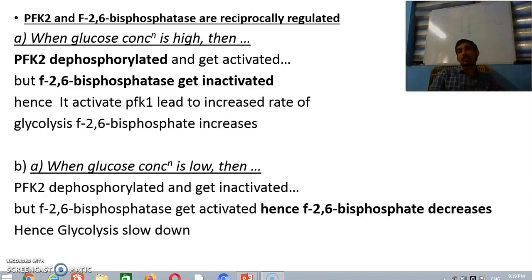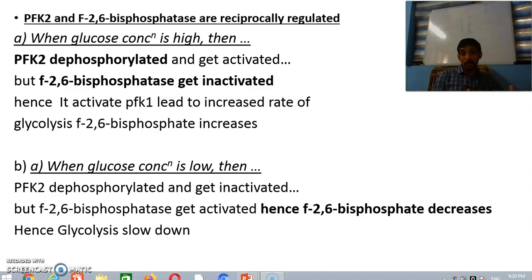When the glucose concentration is high within the cell, then the PFK2 enzyme gets dephosphorylated. One phosphate gets removed from the PFK2 enzyme. So dephosphorylation of PFK2 results in the activation of that PFK2 enzyme.